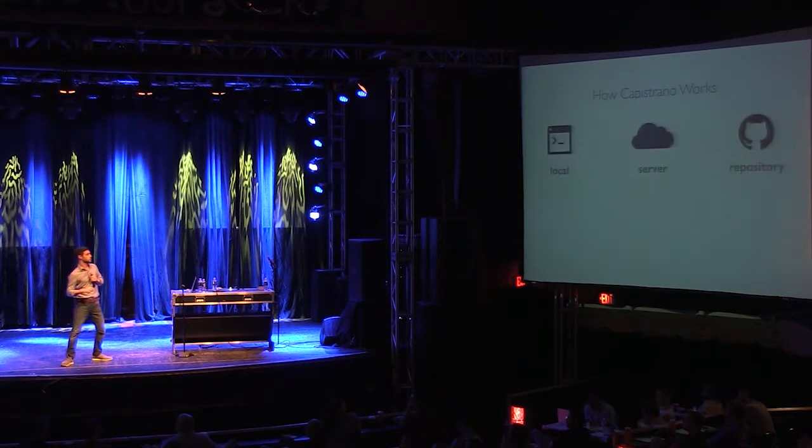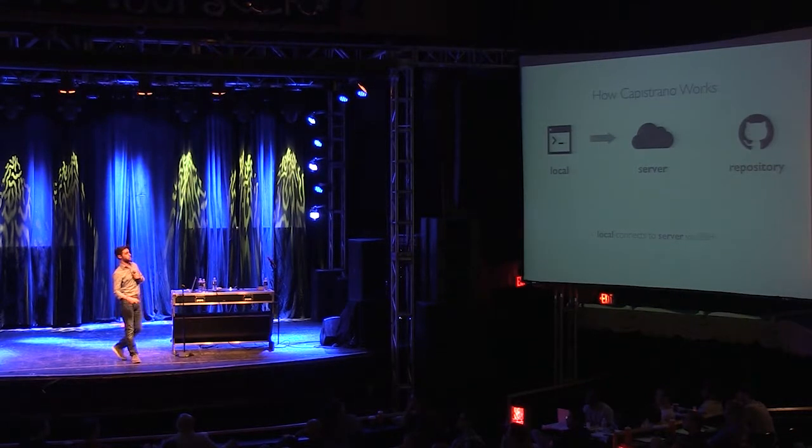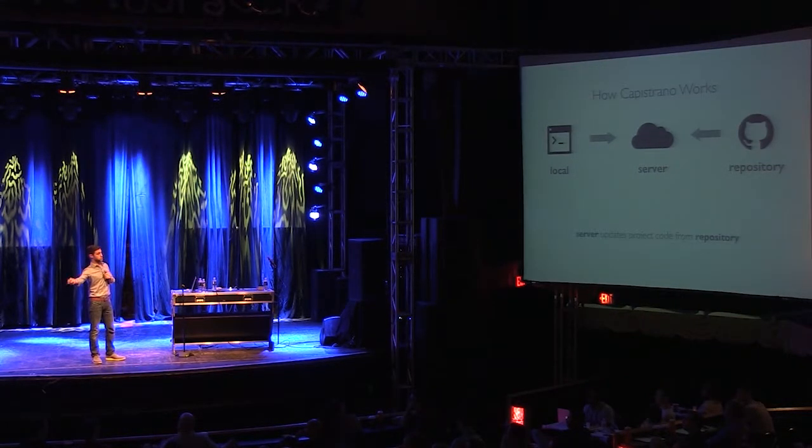So let's see it in action. You run that command from your local environment, which then connects to your server over SSH. Your server reaches out to the repository and updates your project code from that, and then it issues a new release, logs a deployment, and you're good to go.